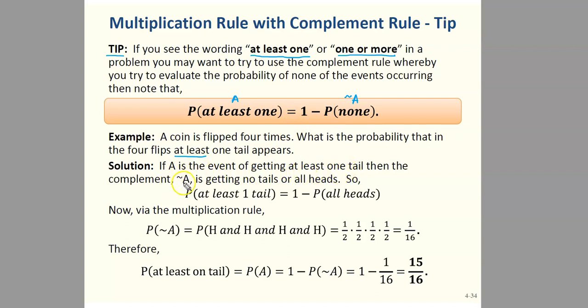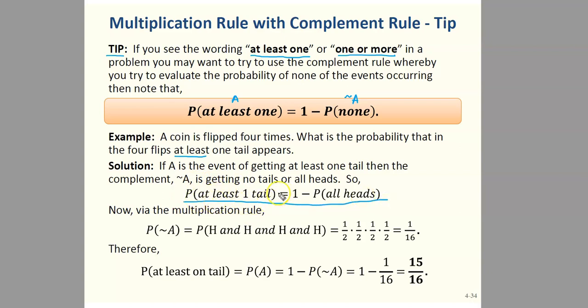So then what's the complement of A going to be? Well, that's going to be the event that in the 4 flips we get no tails, or all heads, right? So A complement, the complement of getting at least one tail, is getting all heads in the 4 flips. Okay, so that's what we have right here.